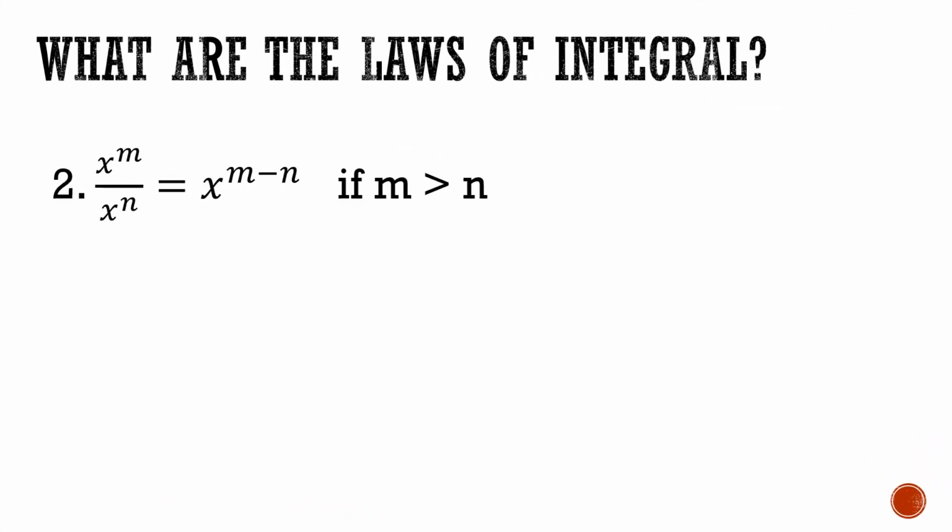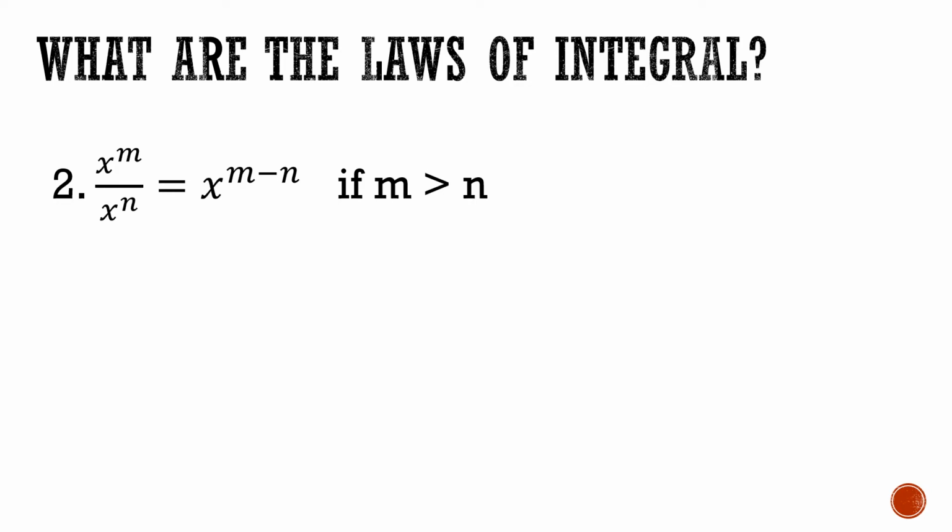The second law is dividing exponents having the same base. So we have two rules. x raised to m over x raised to n is equal to x raised to m minus n if m is greater than n.